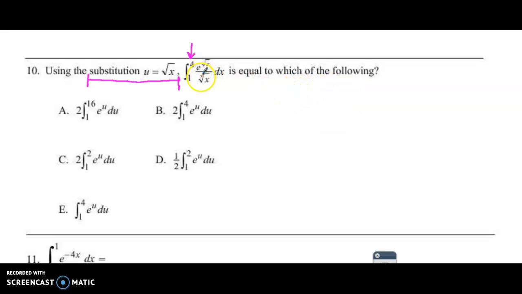Now here's the other piece that tends to be confusing to students, is that they understand this piece, that u equals that. So they'll even tell you to let u equal the square root of x, which is x to the 1/2 power. But then students get confused. Well, which one of these pieces is equal to u?